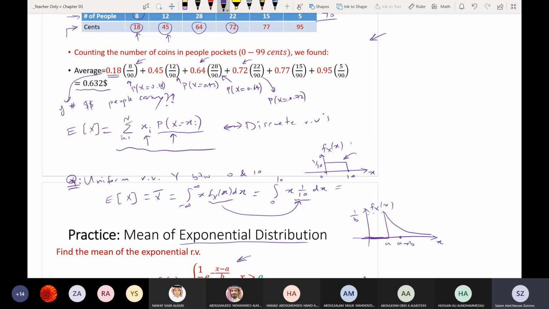So this is x squared divided by 2 times 10, that is 20, right? Integrated from 0 to 10. Yes. What is this equal to? 100 minus 0 divided by 20, which is 5.